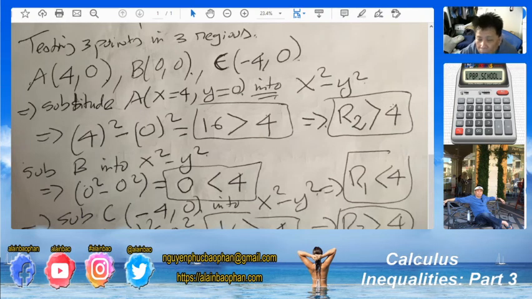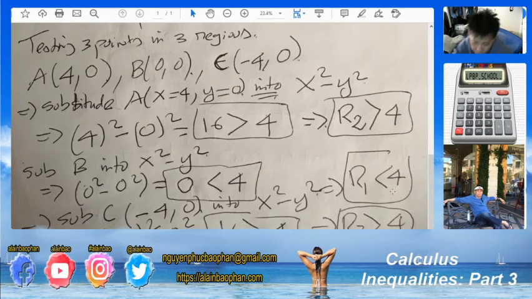So by graphing the hyperbola x squared minus y squared equals 4, we see that this hyperbola divides the plane into 3 parts, 3 regions. The first region, R1, the inside of the hyperbola, is less than 4, and the left hand side and the right hand side regions are both greater than 4.